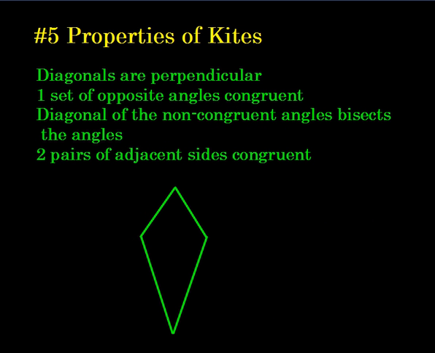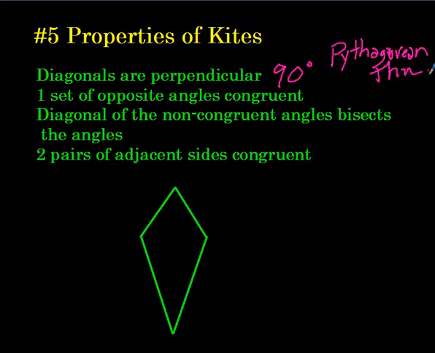And finally, the last one, kites. Property of kites: the diagonals are perpendicular, again, meaning they meet at 90-degree angles. Keep in mind, anytime we're dealing with those 90-degree angles, Pythagorean theorem can be used to help you find side lengths.